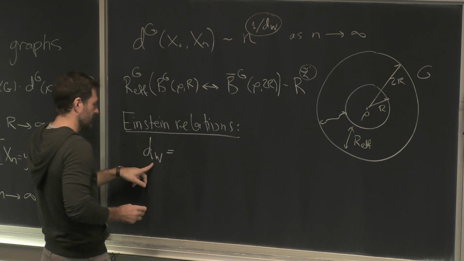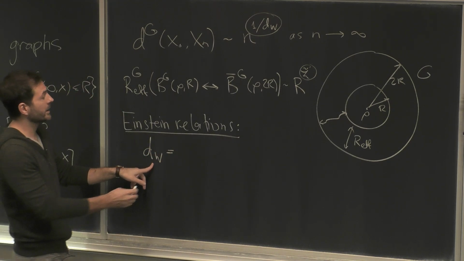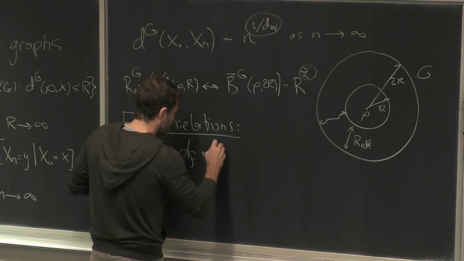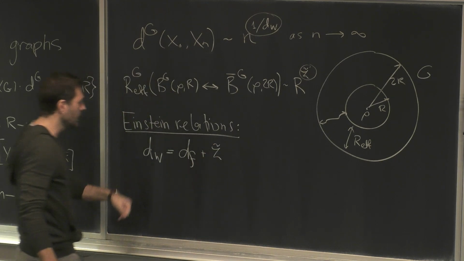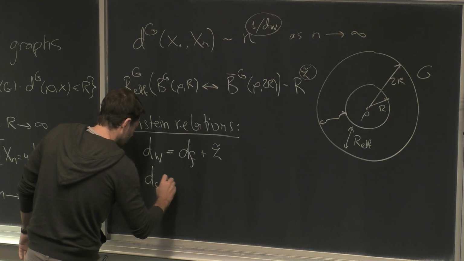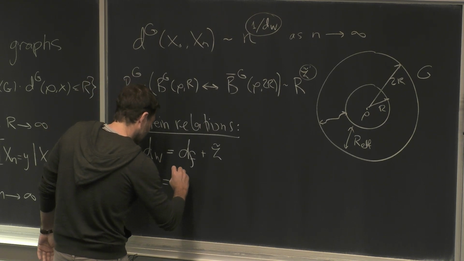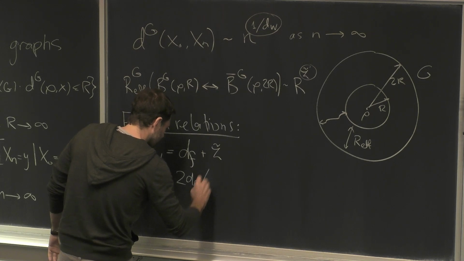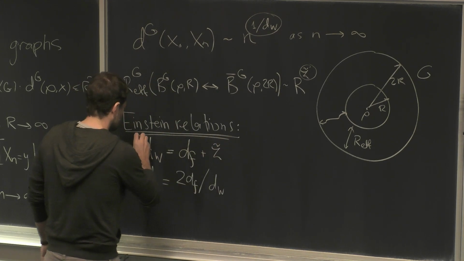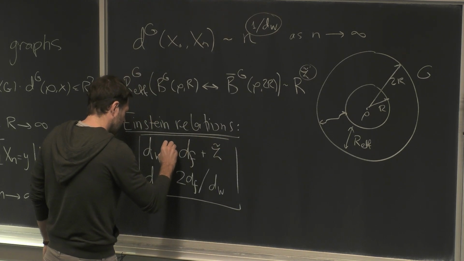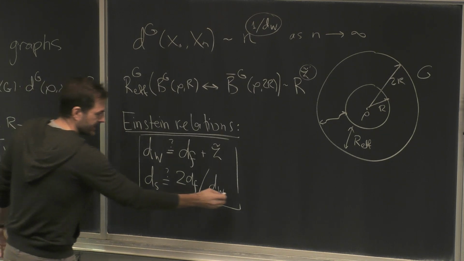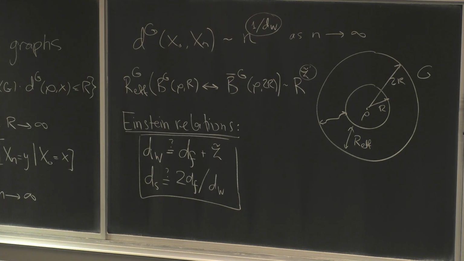That the speed of escape of the random walk is determined by the fractal dimension and this resistance exponent. And then the spectral dimension is given by twice the fractal dimension divided by the walk dimension. Okay. And I'll put little question marks here. These don't always hold, especially in the generality of the setting that I've done here.